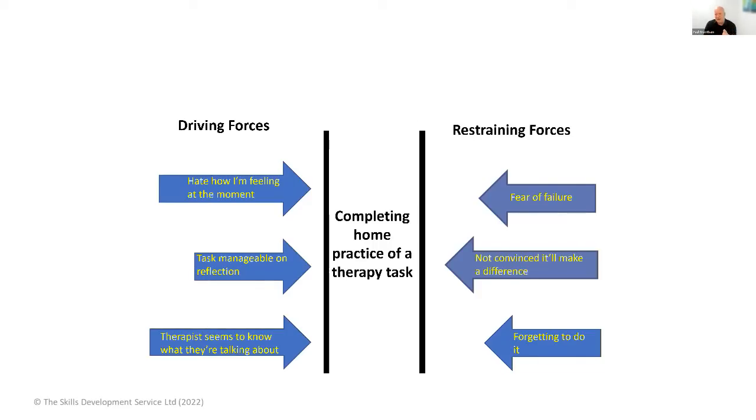In fact, in my experience, you typically don't know which of these things is going to make the difference. But if you have a range of things which you can do with your client, or which your client is willing to entertain as a possibility, this model would say very often you only need to find one which will tip that balance, which will cause, in that tug of war, the driving forces to pull the other forces towards them for that change to occur.